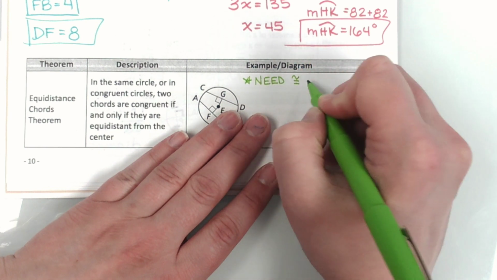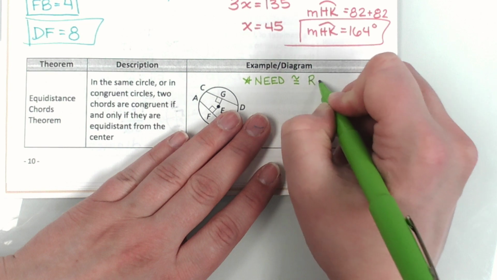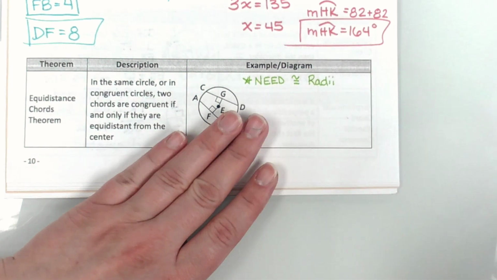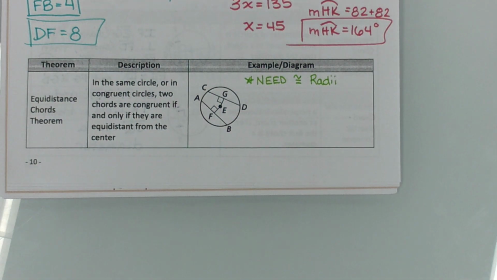What makes circles congruent is having a congruent radius or radii between the circles. In the same circle or in congruent circles, 2 chords are congruent if and only if they are equidistant. What's that word? That means that they have the same distance from the center.